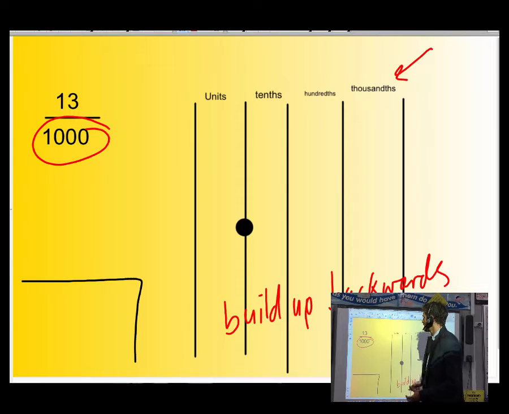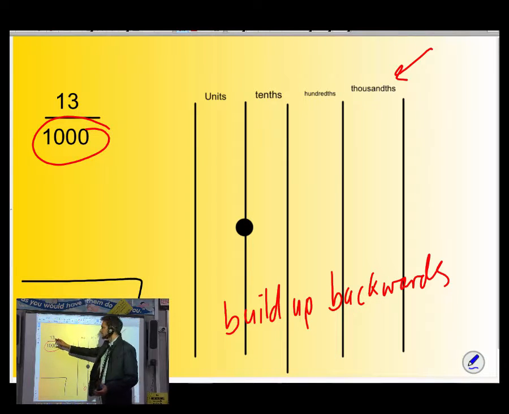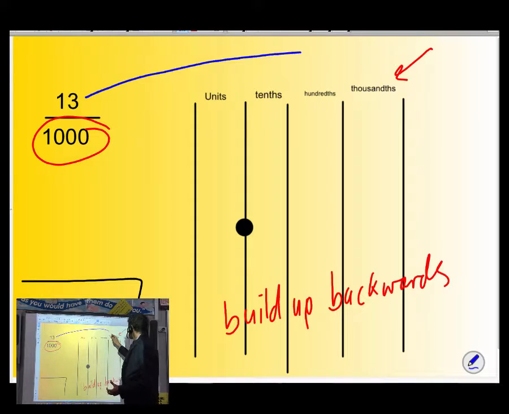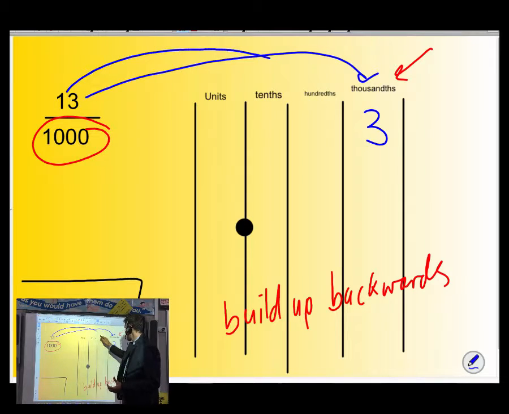Okay, here we go, I'll show you. This 3 is going to go all the way to the thousandths column. There it goes. This 1 is going to go to the next column, moving up to the hundredths column.